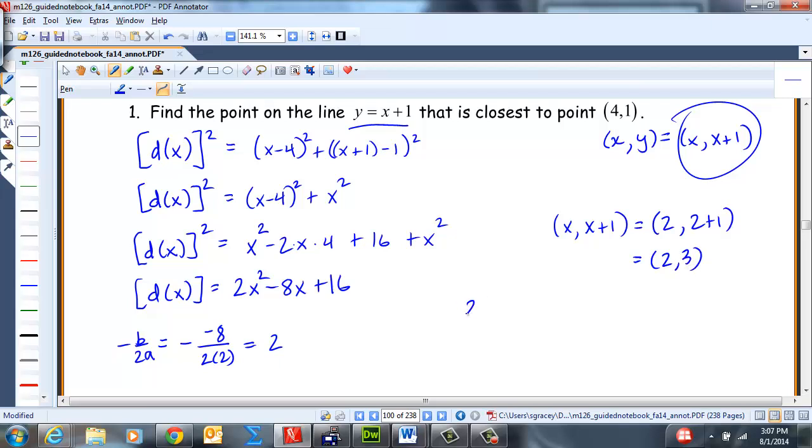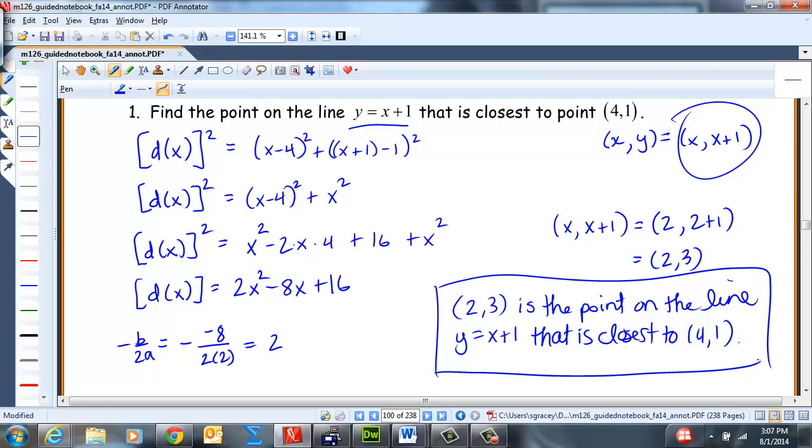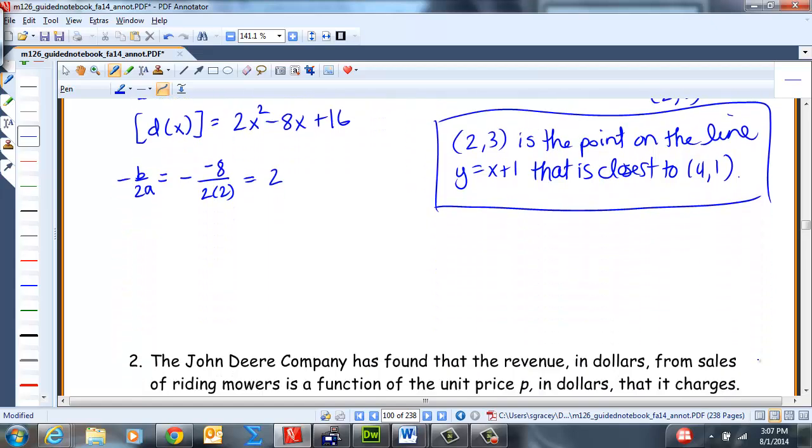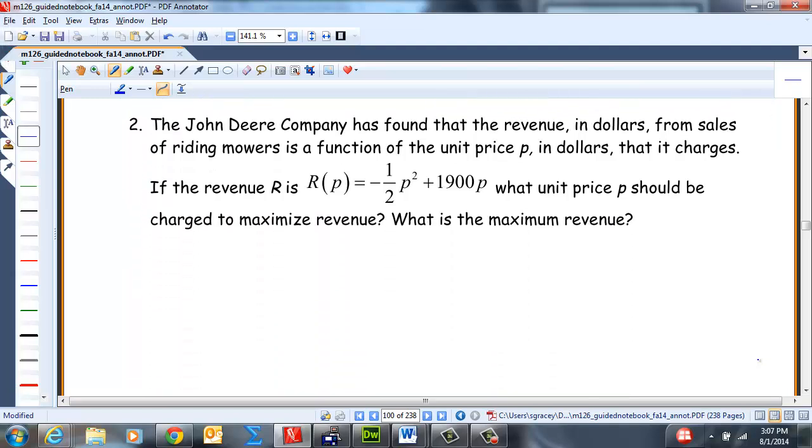So (2, 3) is the point on the line y equals x plus 1 that is closest to (4, 1). And you're done. Good.